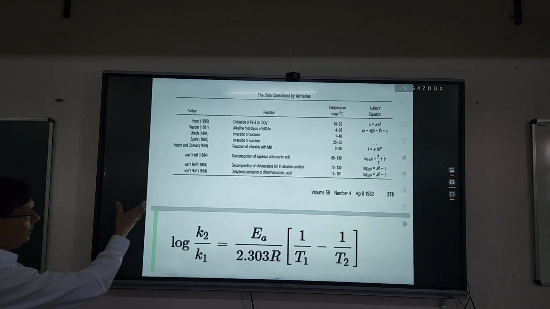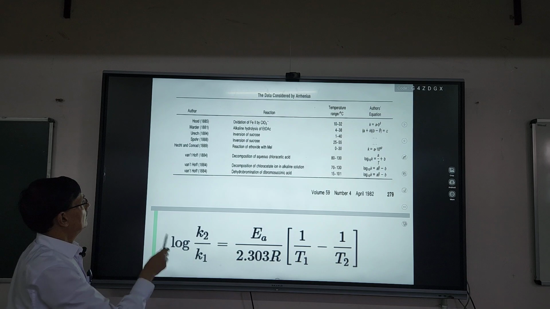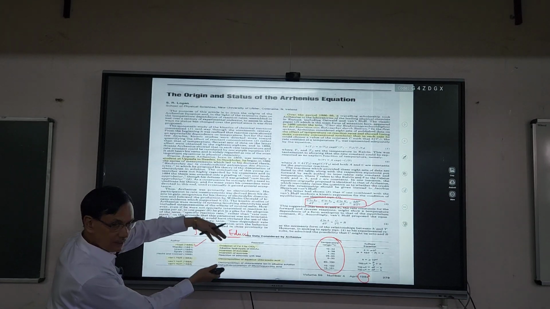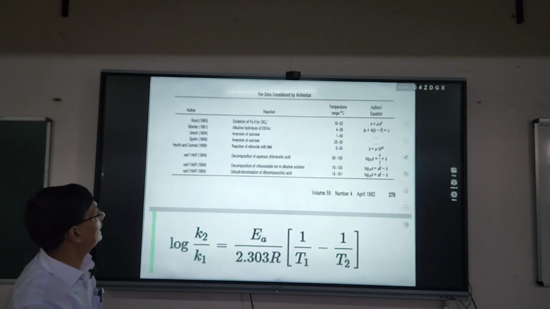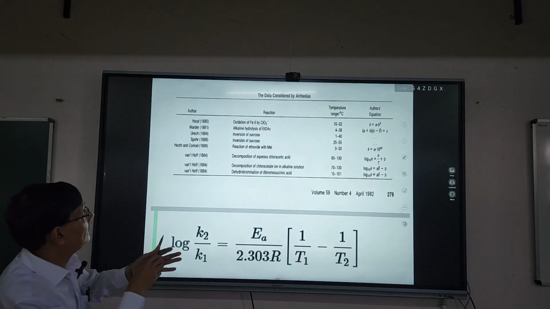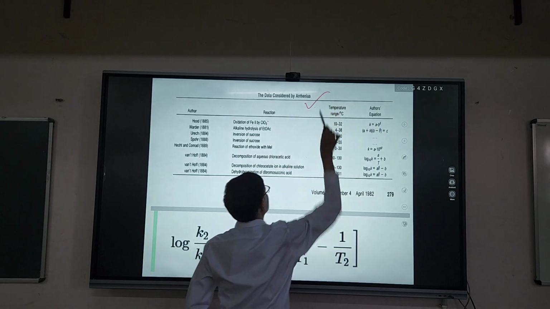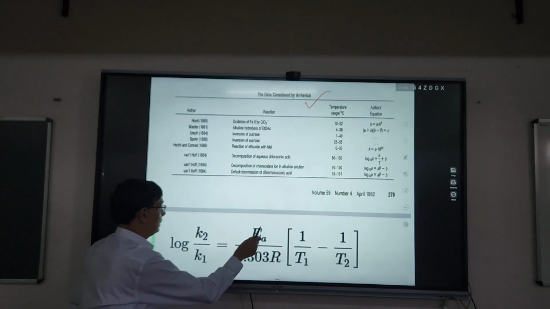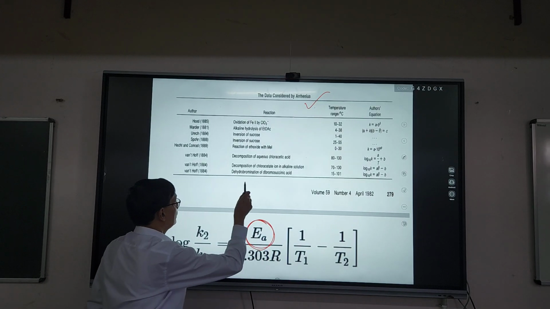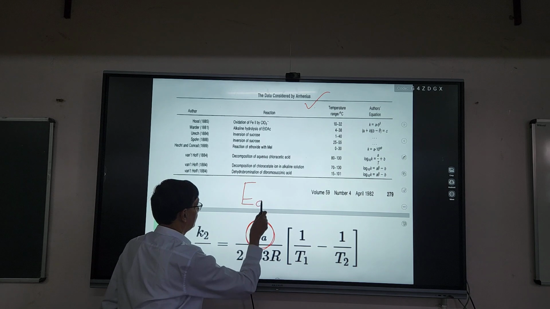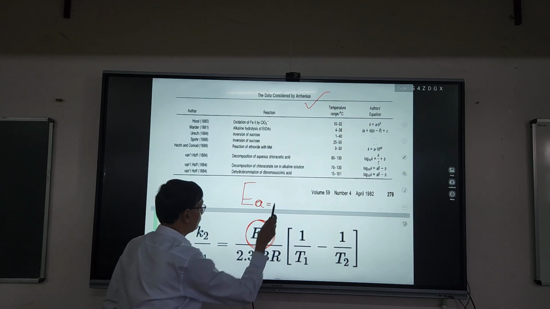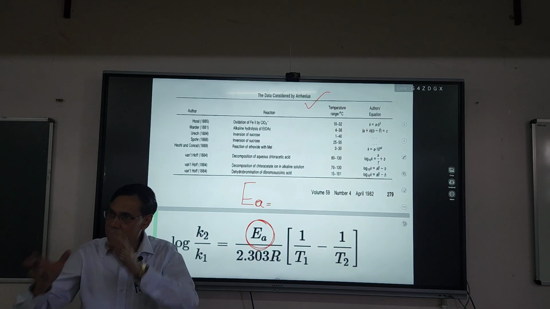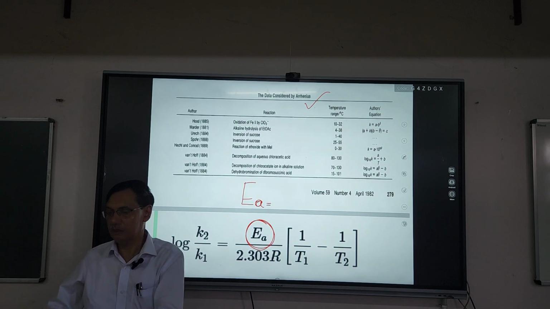Now, same thing, because that was not visible. So what I have just elaborated, same thing, so that you can understand the data considered by Arrhenius, as I told you. So therefore, it is an empirical relationship, and ultimately he derived this energy of activation: energy required for the reaction minus energy possessed by a particular system.